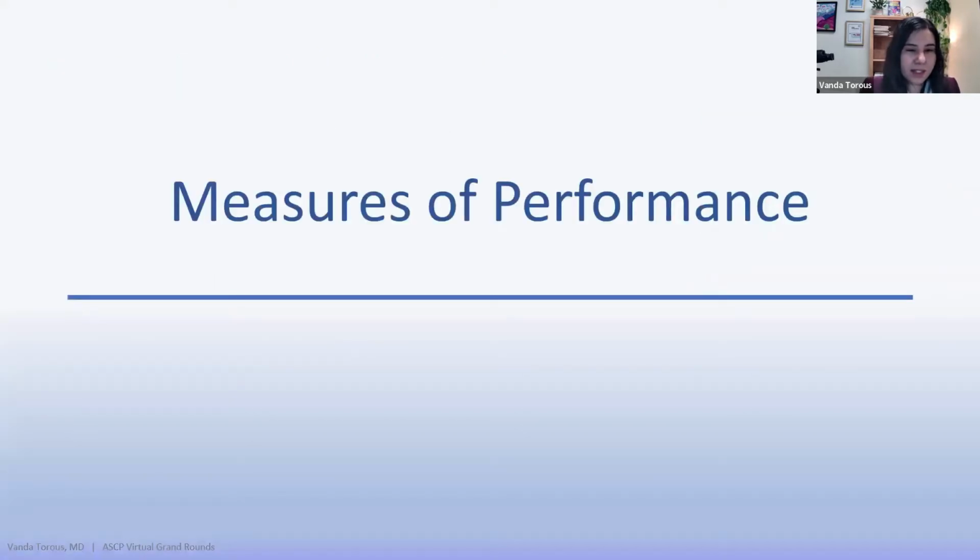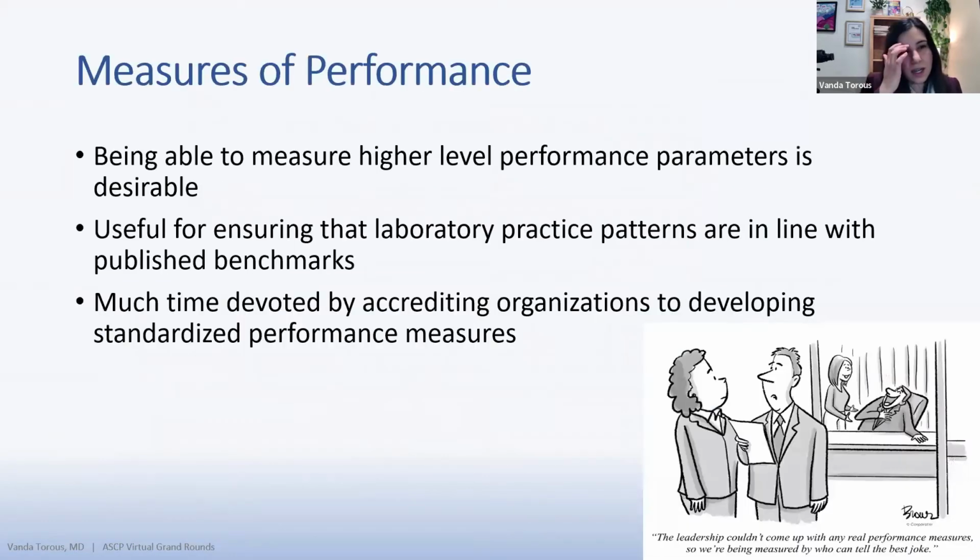So I want to talk about some measures of performance. Being able to measure higher level performance parameters is desirable for a number of reasons. It's useful for ensuring that laboratory practice patterns are in line with published benchmarks. And a lot of time is devoted by accrediting organizations to developing standardized performance measures. So, we have things like proficiency testing, but those really measure competence.